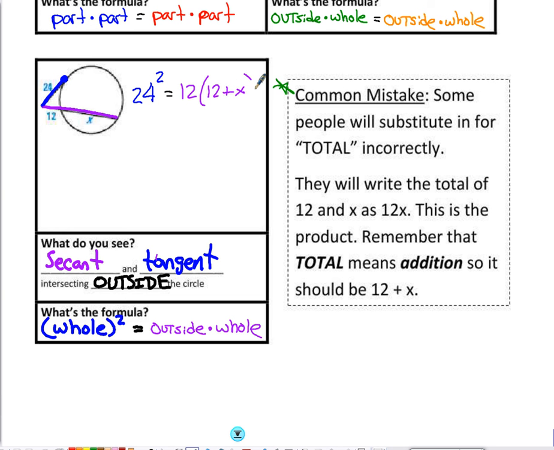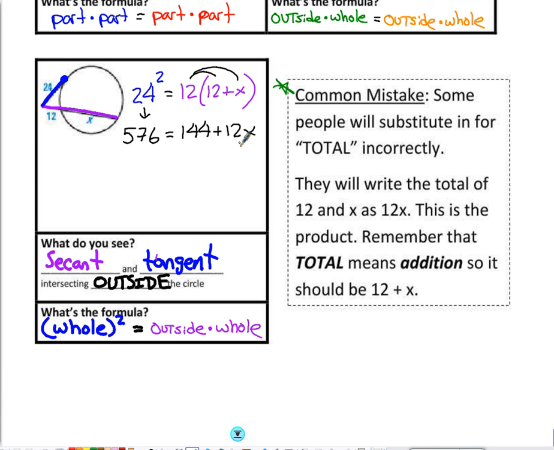Now, to solve this equation for x, I first distribute. And what's 24 squared? I'm going to need my calculator for that. 576. 576 is equal to 144 plus 12x. Hopefully we all know what 12 squared is.